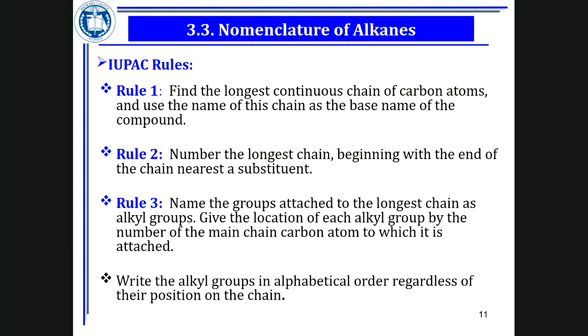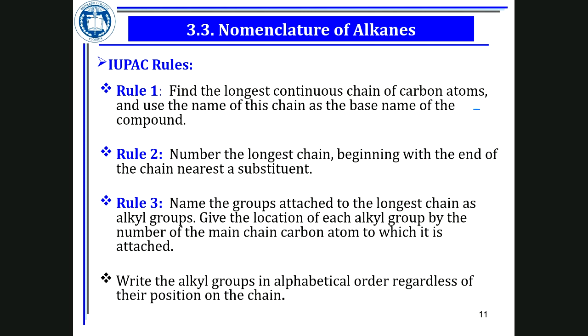So let's look at this rule first, and then I will look for an example for ethyl and isopropyl for you. We find the longest continuous carbon chain, and you number it beginning with the end that is nearest to the substituent.